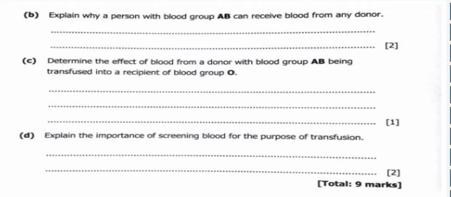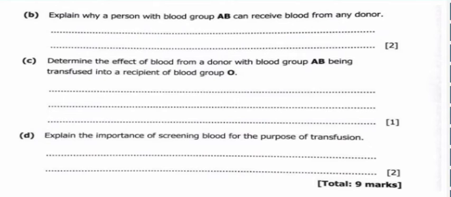Determine the effect of blood from a donor with blood group AB being transfused into a recipient of blood group O. So blood group AB is a universal recipient, which means it can receive blood from different blood groups, but it can't donate blood to any blood group, right?